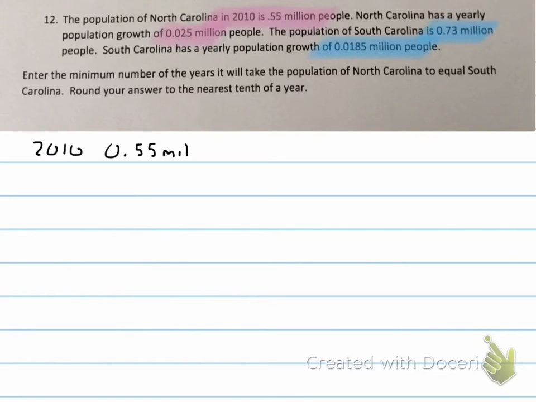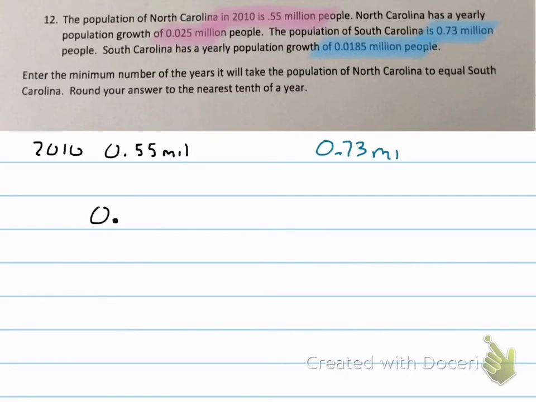So South Carolina is 0.73 million, and it has a population growth of 0.185. So, how do we do this? We want to make an equation that will set them equal to each other.